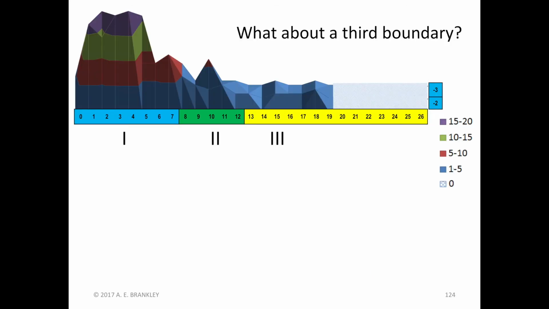Isn't that more interesting? So this is the exact same information, but I just made it 3D. So at a combined level 1, we can see this tall mountain with purple peaks, meaning we have 15 to 20 people at that cell. But as we move onto a combined level 2 and level 3, the mountain slopes down into a valley, and no one is really present above a stable score of 19.